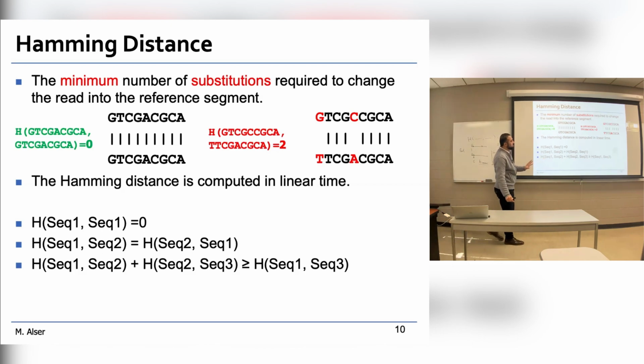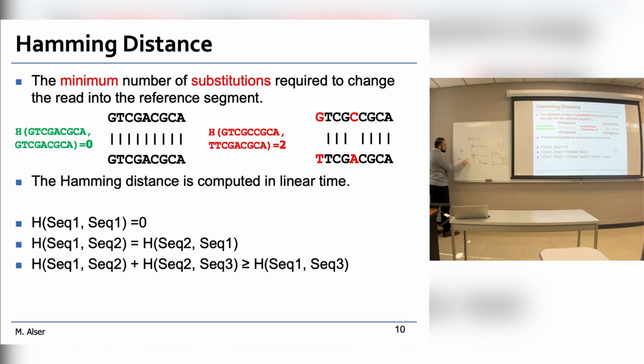Now, the third one is a bit tricky. The Hamming distance between the first sequence and the second sequence, plus the Hamming distance between the second and the third one, meaning that if I have one sequence and another, and then this one, maybe the third one over here is 1, 2, 2, 3.